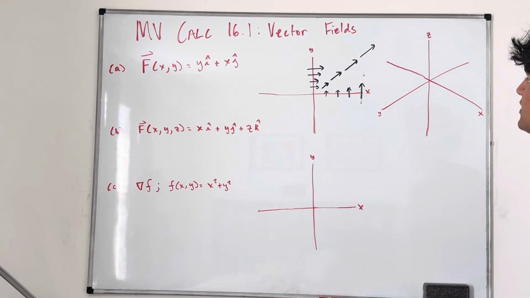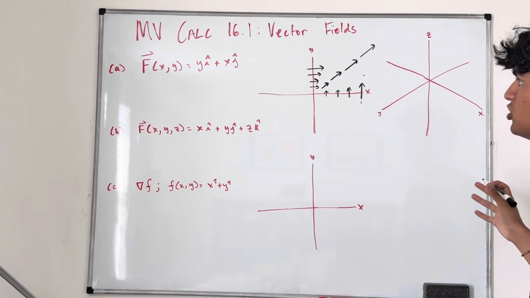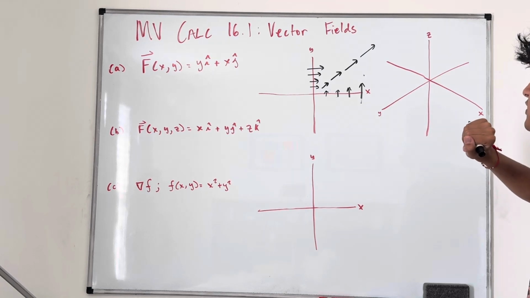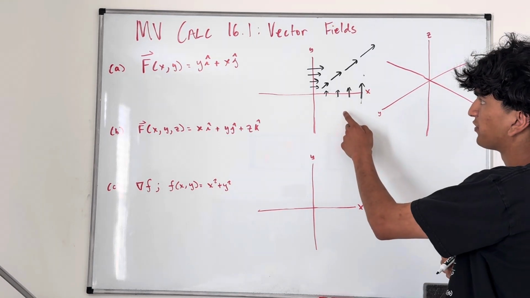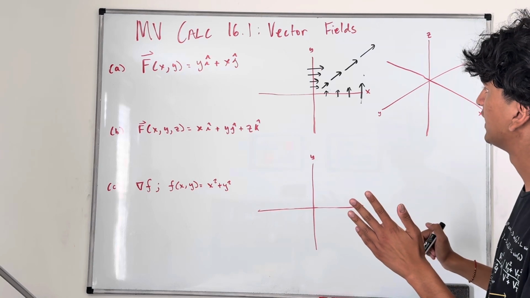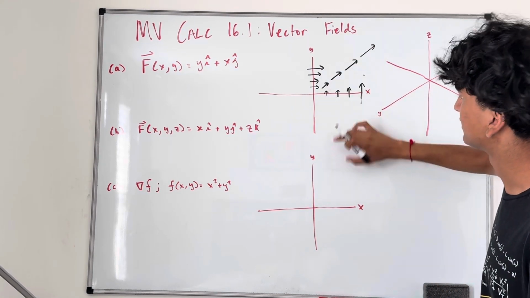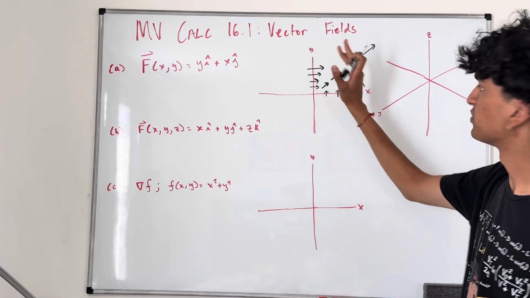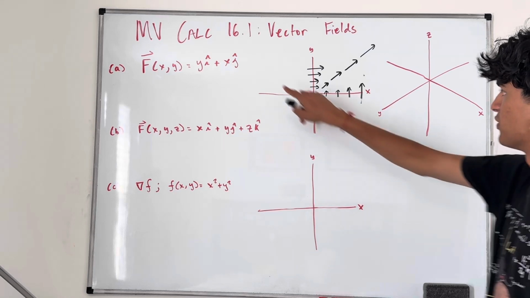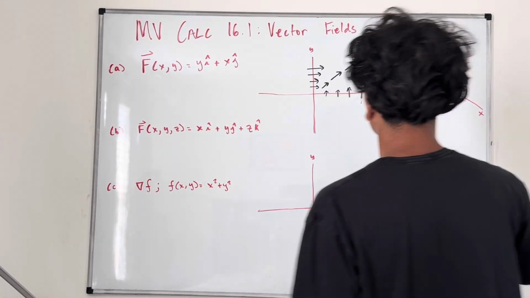And then for the in-between, you would think, okay, well, if you start going up from the x-axis, for every point along a certain axis, like x equals 2 or whatever, at x equals 2, the y component's always going to stay the same, but then as you go up, the x component's going to start getting bigger.